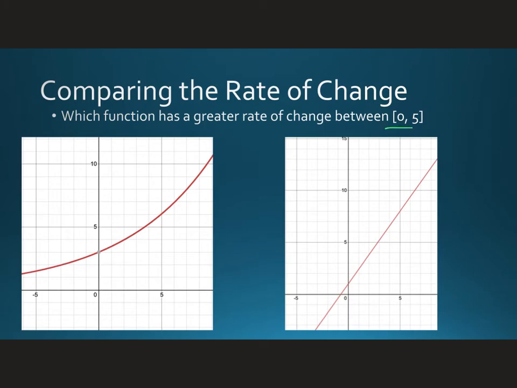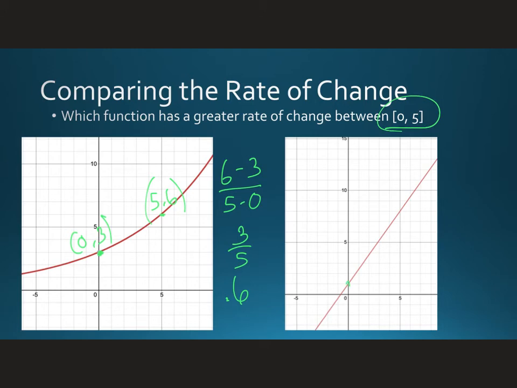Once again, I'm comparing it between 0 and 5. That's important that you look at it. So here the point is (0, 3). Here the point is (5, 6). Once again, 6 minus 3 over 5 minus 0 gives me 3 over 5, otherwise known as 0.6 for the one on the left.